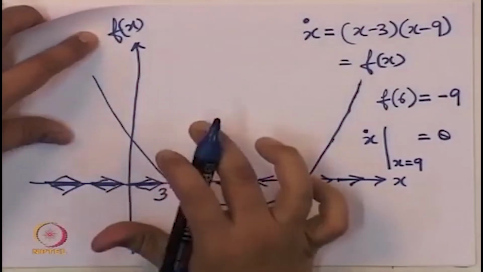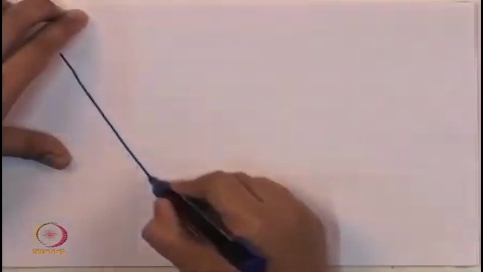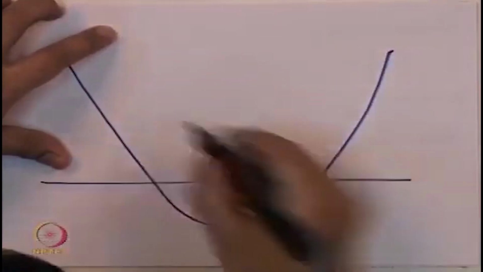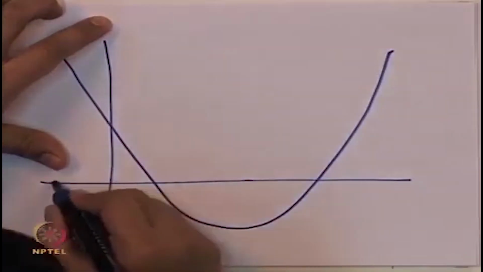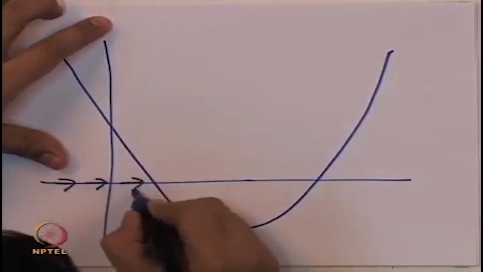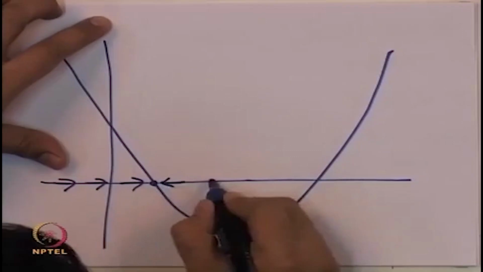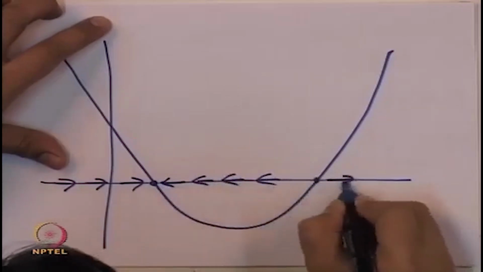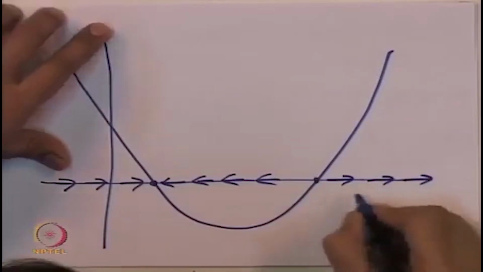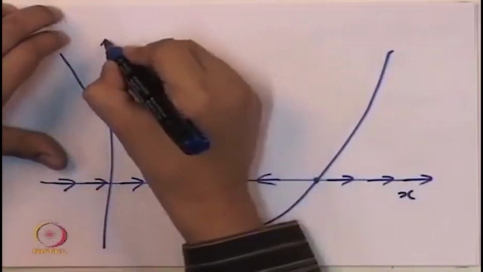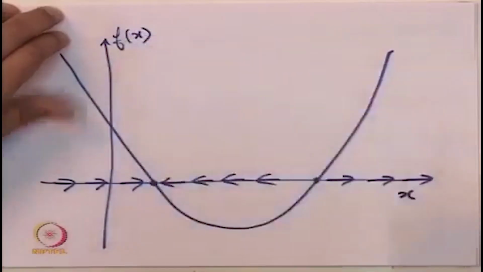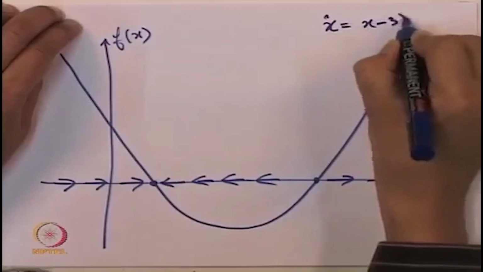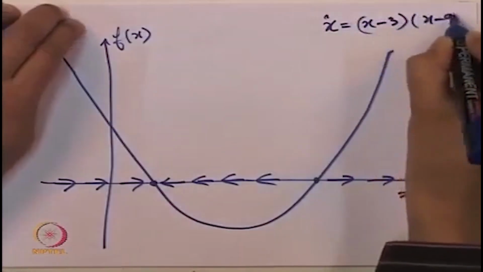So, this particular figure I will quickly draw again. So, this is the differential equation x dot is equal to x minus 3 times x minus 9.